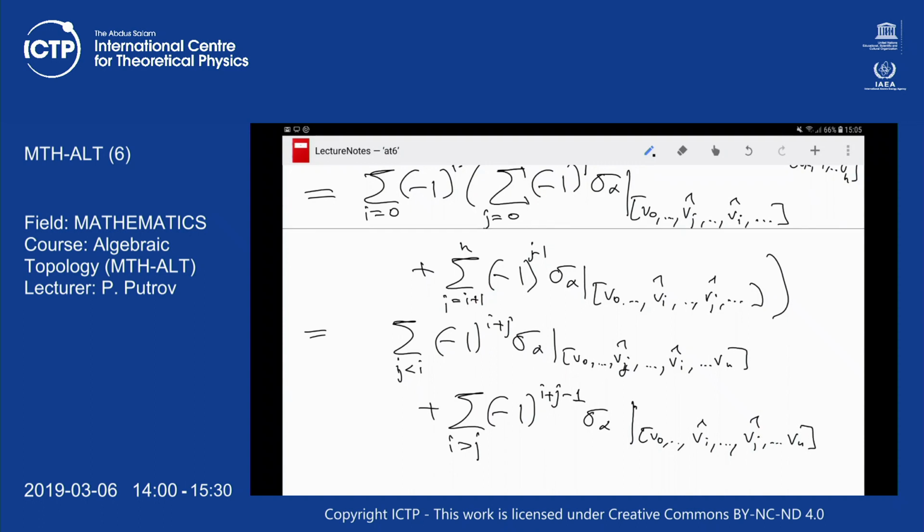But now we can see that this term and this term are essentially the same, just i is replaced with j. If we replace i with j, we get the same thing, but the two terms differ by an overall minus 1 sign. So the sum is actually 0.